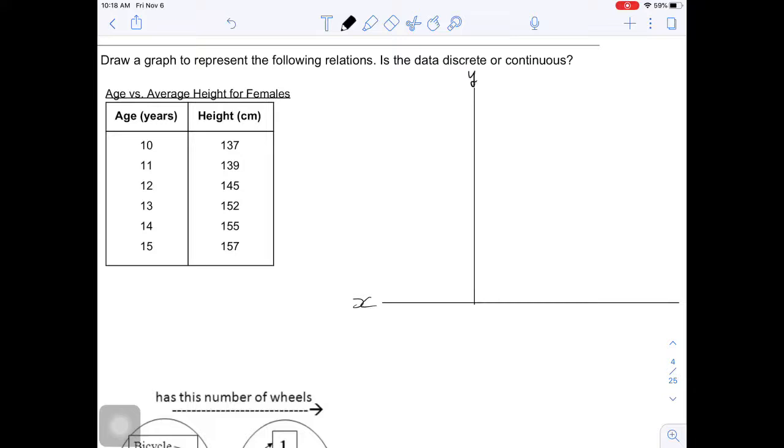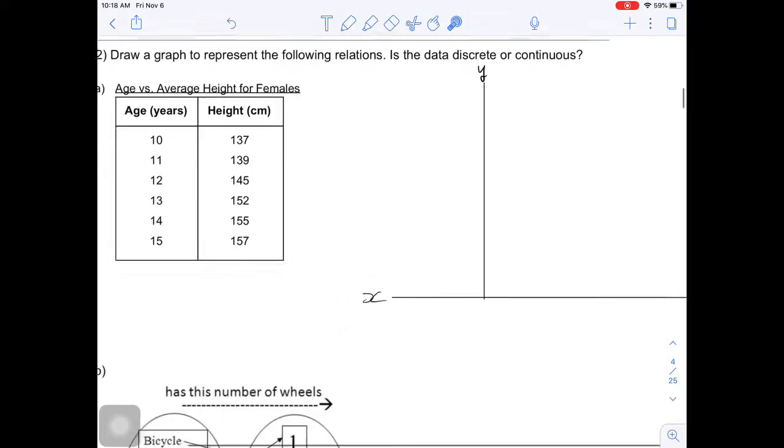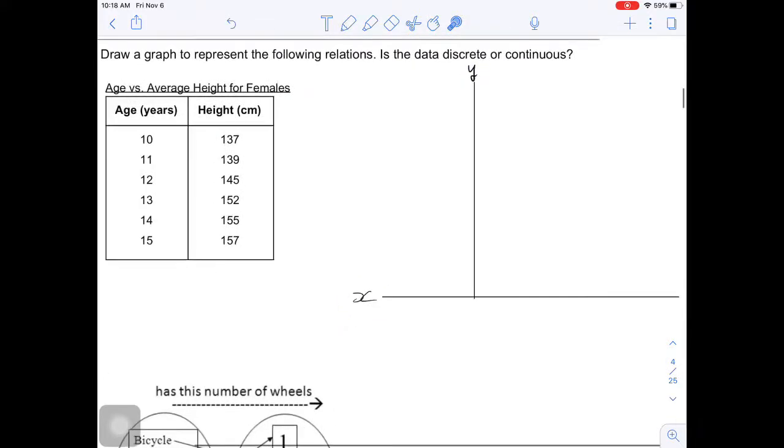Usually we say our horizontal is our X and our vertical is our Y. Whenever you're dealing with a table, these front columns are usually your X values and these are usually your Y values. They're going to be represented with different letters sometimes. That's something really important to understand. We're going to talk about it later when we talk about dependent and independent variables. But for right now, it's just getting a taste of what it means to graph something.